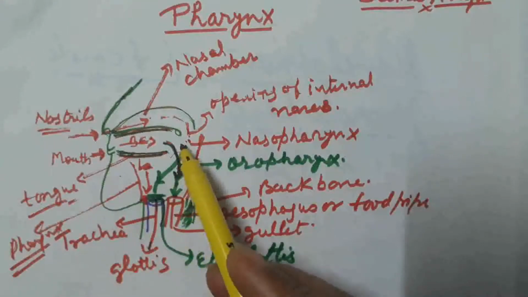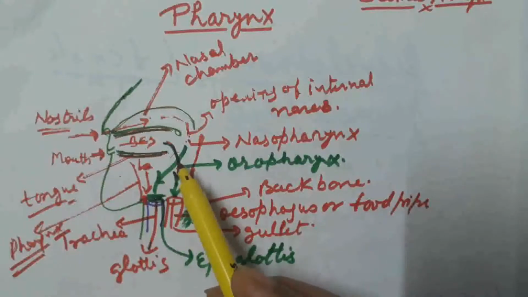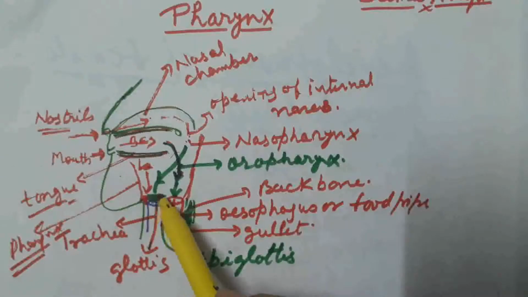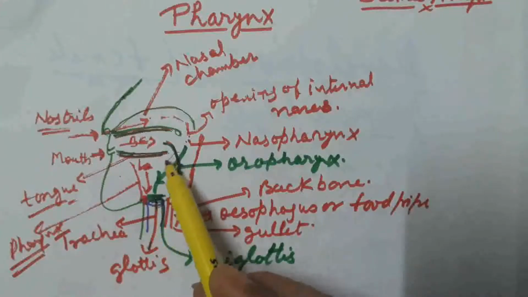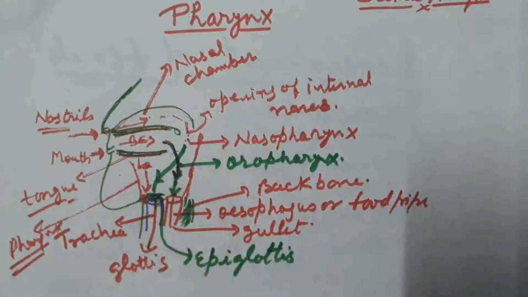So when the food passes into the esophagus, there is a cartilaginous flap which is known as epiglottis, which closes the glottis aperture to prevent the food from going into the trachea. So there is a common passage. Pharynx acts as a common passage through which food and air pass.